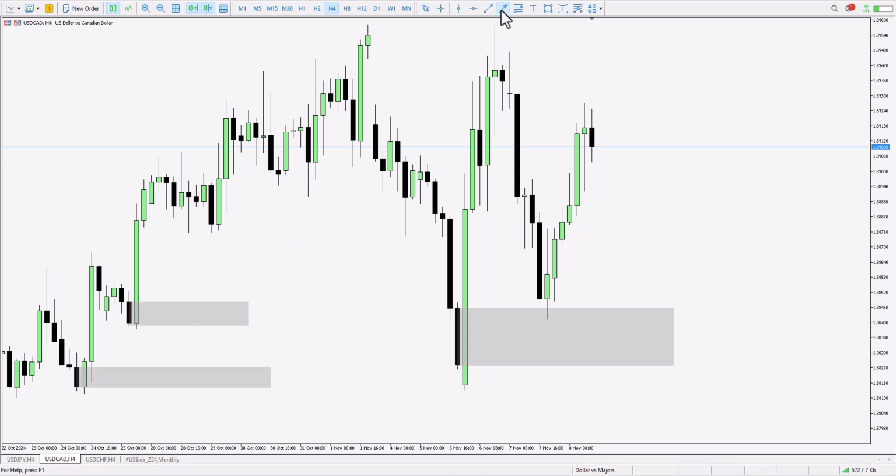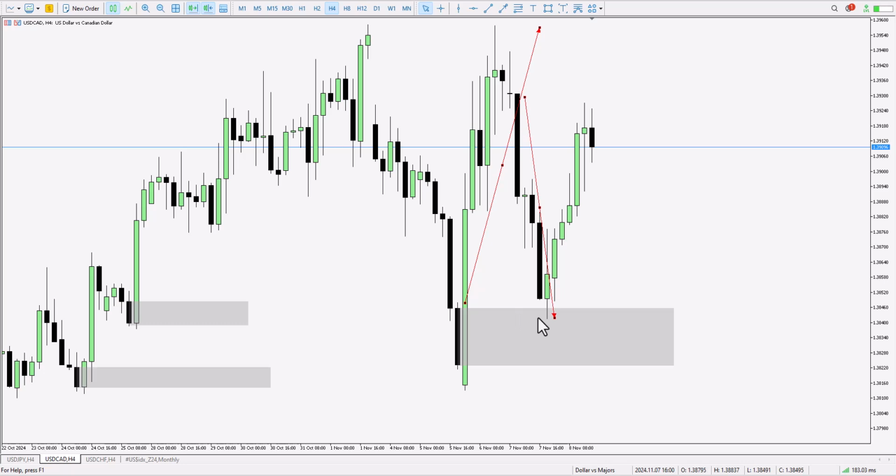Like for instance, we had this supply zone, this demand zone right here, and then price impulsively moved away to the upside. Now, you as an informed trader, you'd have been waiting for price to come back here in the gray shaded area, which is now your what? Your demand zone.